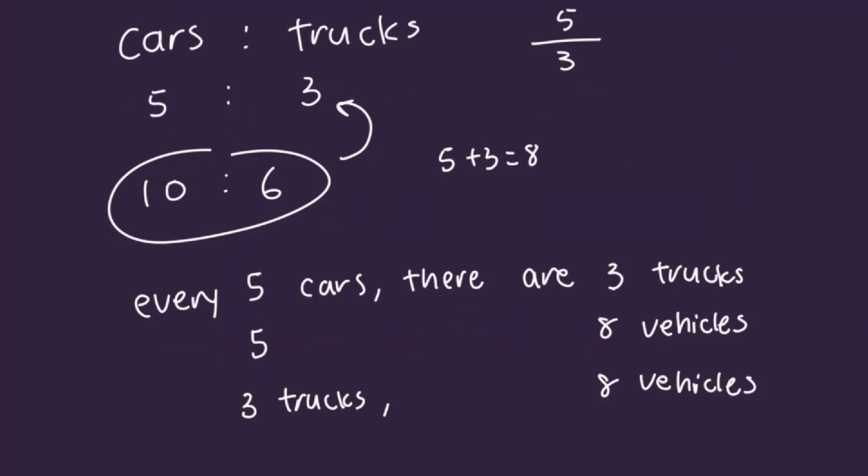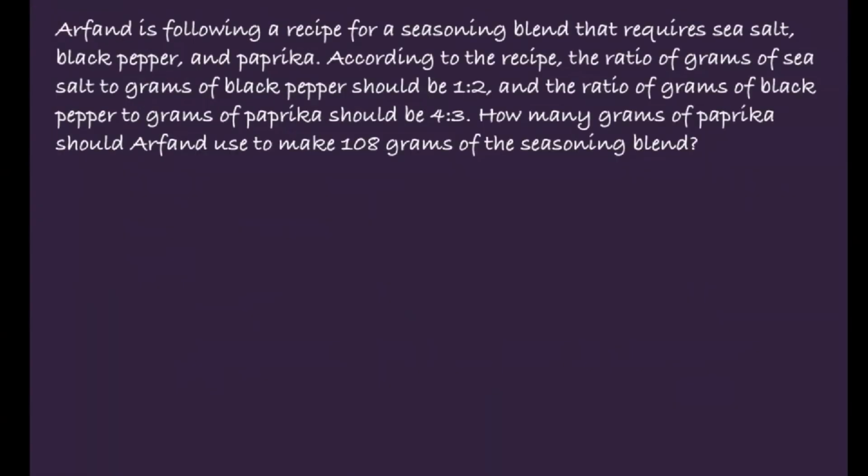So let's take a look at an example. Arfan is following a recipe for a seasoning blend that requires sea salt, black pepper, and paprika. According to the recipe, the ratio of grams of sea salt to grams of black pepper should be 1:2. We can abbreviate sea salt to S, and black pepper to P, so it will be 1:2.